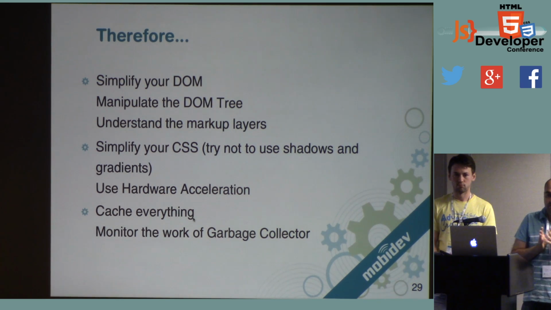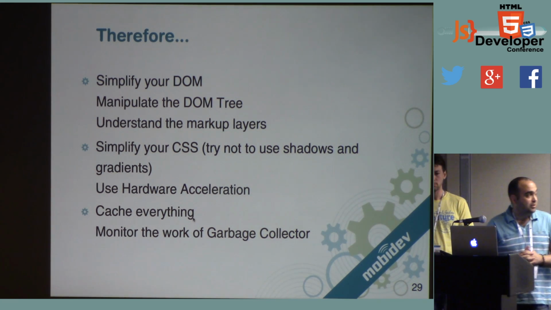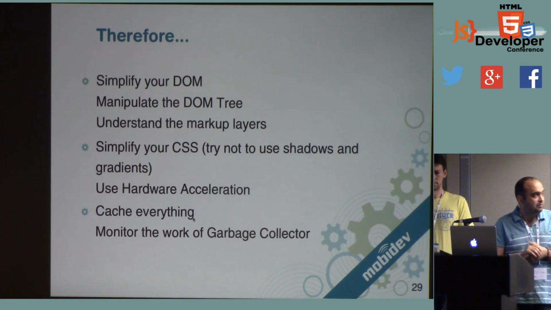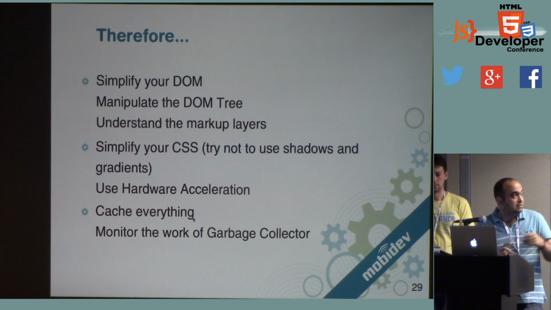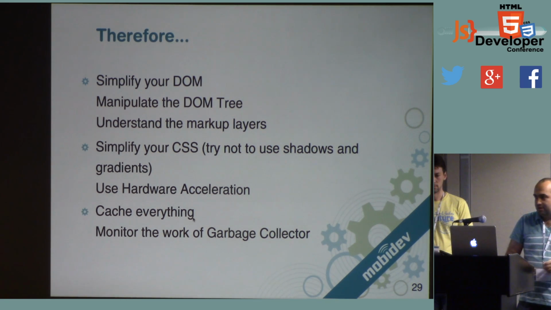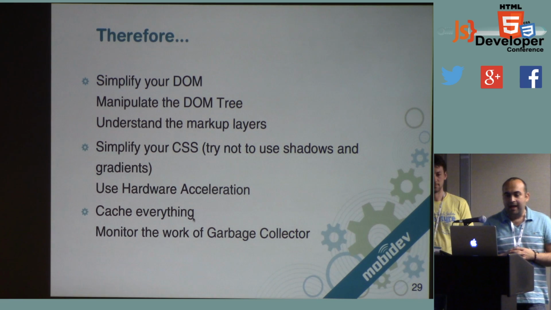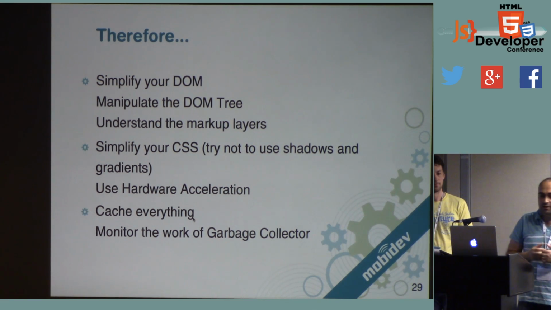Simplify your DOM, the document object model, manipulate the DOM tree, understand the markup layers, use position absolute, use position fixed, and use composite layers with translate3d, and try to simplify your CSS.